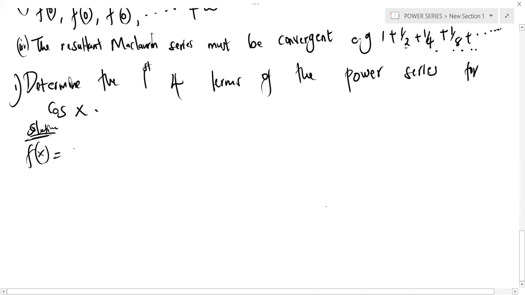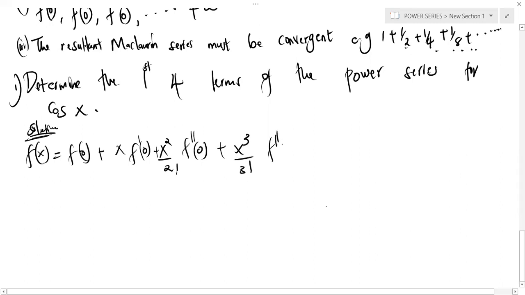F of x is equal to f of 0 plus x f prime of 0 plus x squared over 2 factorial f double prime of 0 plus x cubed over 3 factorial f third prime of 0 plus it goes on and on. They want us to get the first 4 terms. So 1, 2, 3, 4. So this is enough to give us the first 4 terms.